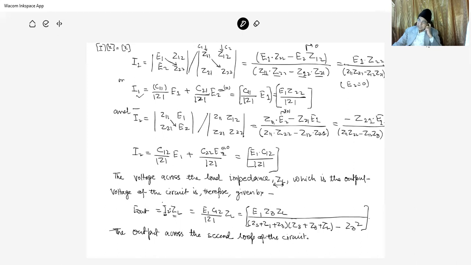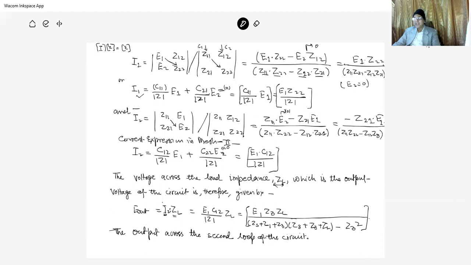This is the current expression in mesh 2, this I2. E2 is 0, so E1 is here, E1 C12 upon Z.